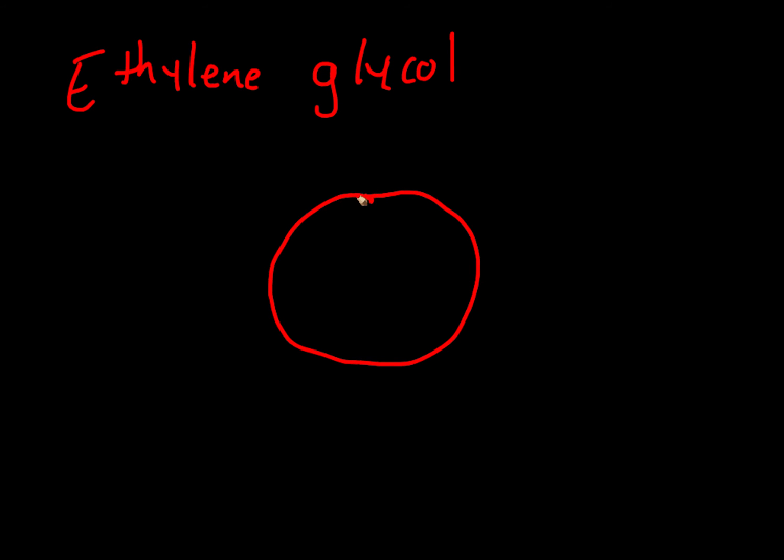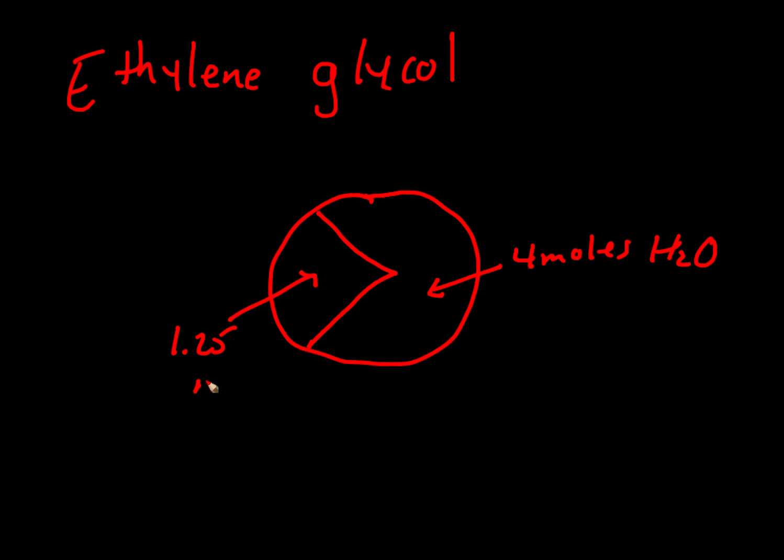Obviously not drawn to scale, I'm not an artist. So I'm going to tell you, in the solution, it's 4 moles H2O and 1.25 moles ethylene glycol, and I'm going to just say Eg, so I don't have to keep writing out ethylene glycol.